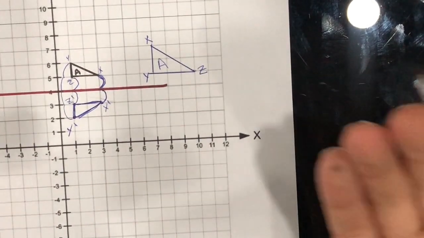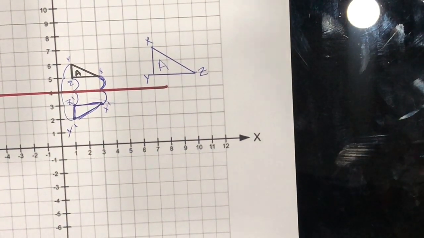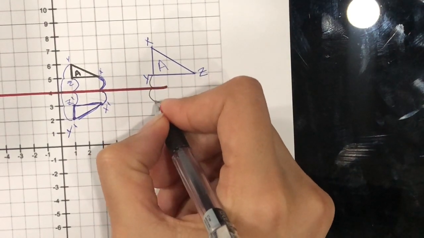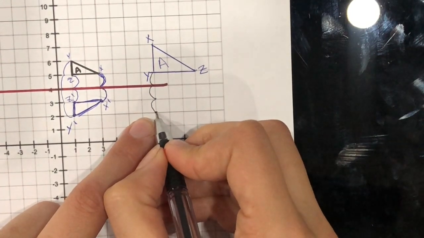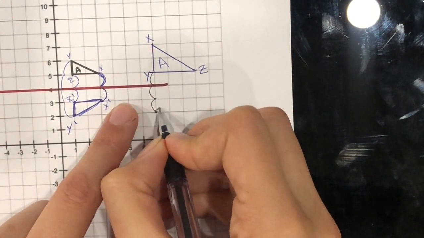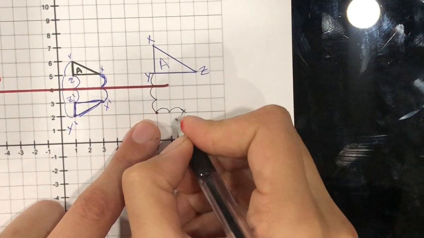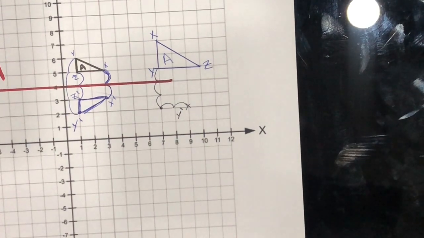So let's start with the down squares first. For Y, we're going to do 3 squares down, which is 1, 2, 3. And then from here, we're going to do 2 squares right.